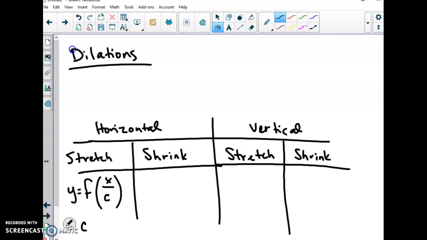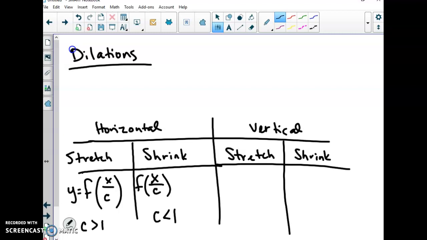If the c happens to be larger than 1, it is going to be a stretch. If the c happens to be smaller than 1, it's going to be a shrink, which makes sense. Stretch is going to be larger. It's going to expand. Shrink, it's less than 1. You're talking like a fraction.